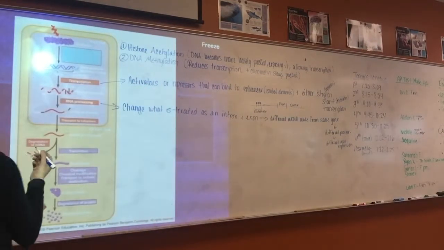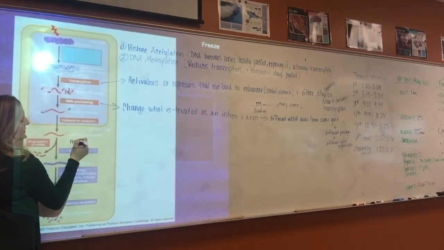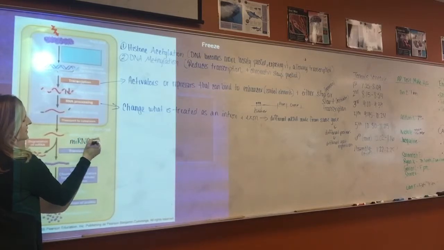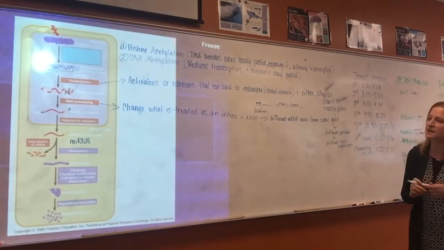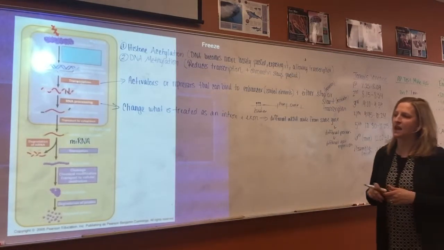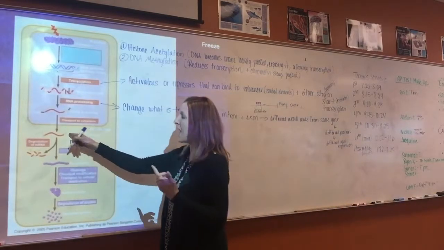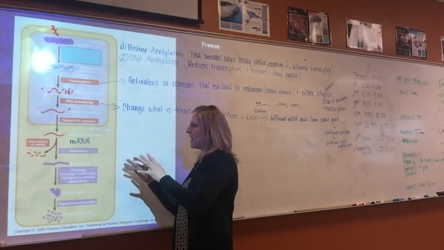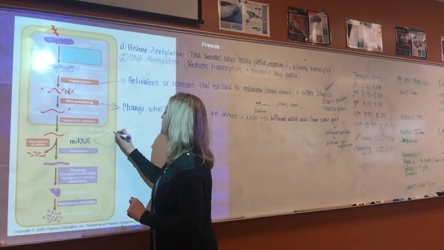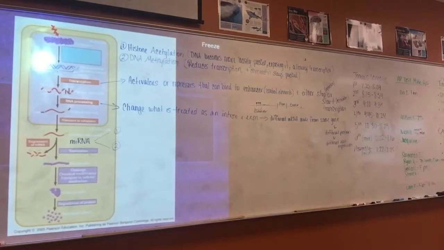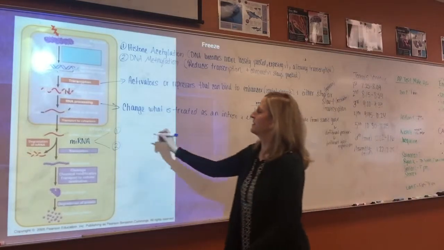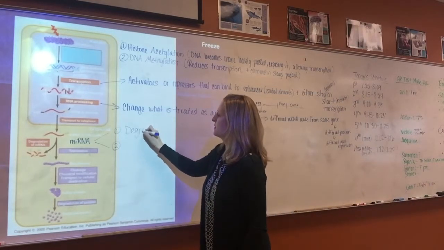So microRNAs or miRNAs are small pieces, hence the name micro. They're small pieces of RNA that can do two different things to the mRNA. So we have miRNA and mRNA. What are the two things that miRNA can do to the mRNA? It can degrade the mRNA and it can block its translation.